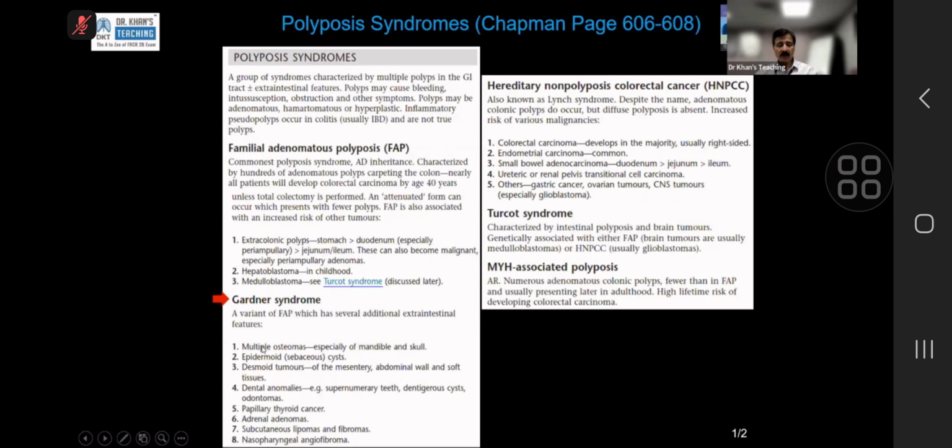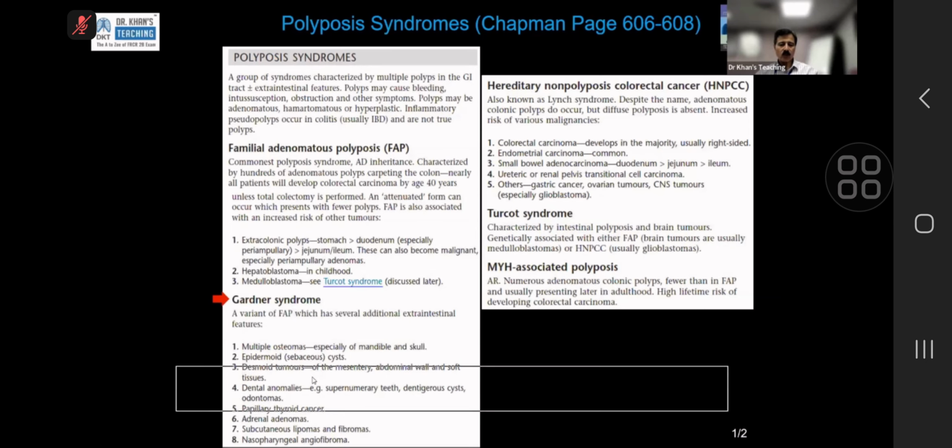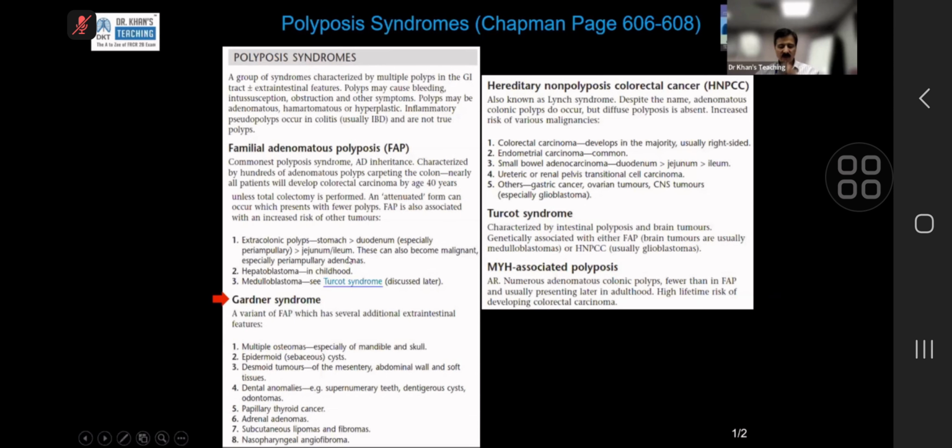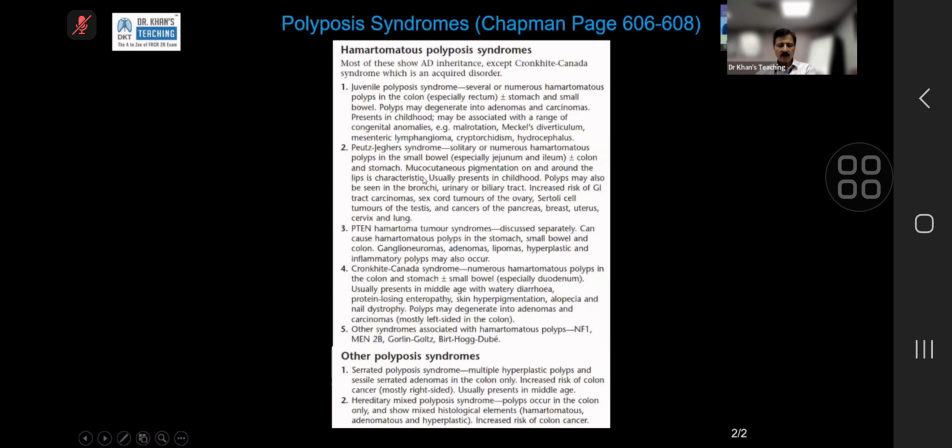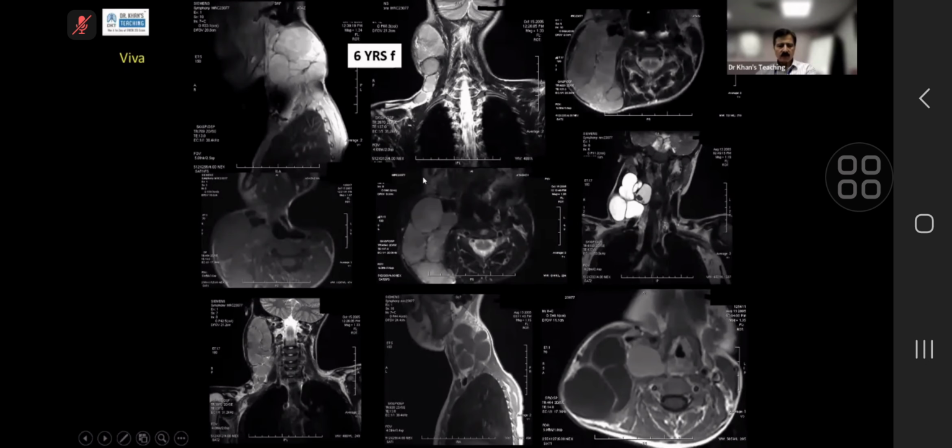One of the entities is osteoma of the skull and PNS. Another one is desmoid tumors. And desmoid tumors can be at many places: mesentery, abdominal wall, soft tissue. So the key point is that desmoid, remember the word, just like a fibroid, it will be low signal on T2 weighted sequence. So that was another example.